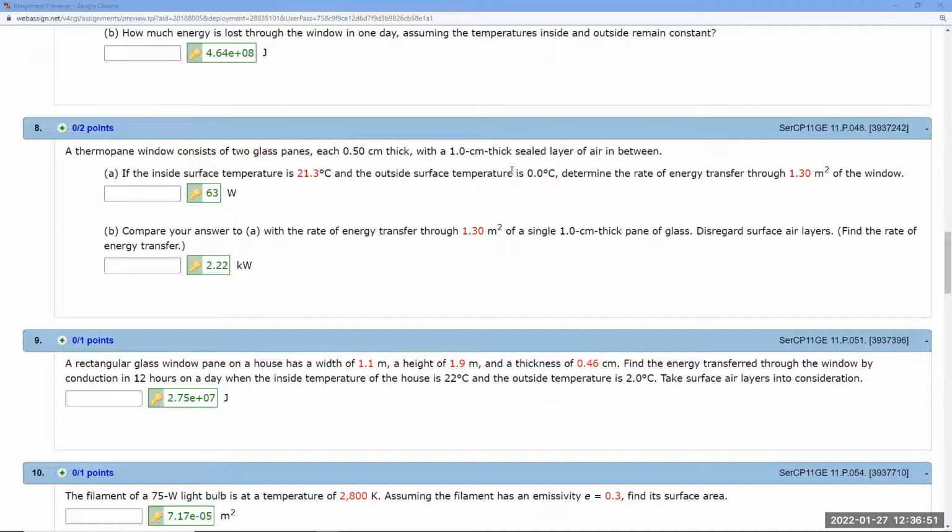Material: 2 glasses and 1 medium that is called air. What is the value of K for air? Please look in the module, what is the thermal conductivity of air?